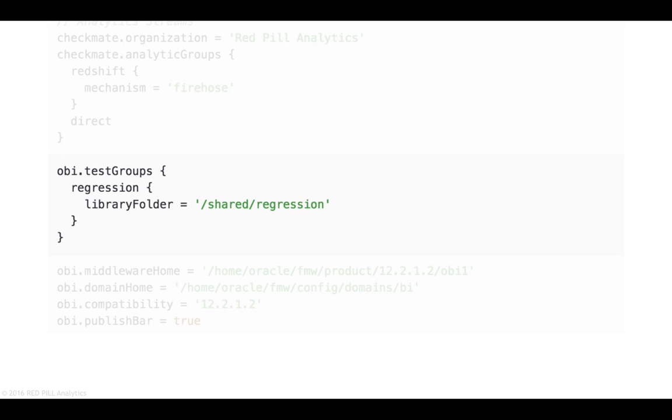And also within each test group, the library folder parameter can accept a colon separated list of catalog folders. So you can test as many different catalog folders in any sort of collection of test groups. So it's really a highly configurable way to do regression testing. But in this case, we're just simply going to run regression tests for any analyses that are in that shared/regression folder.